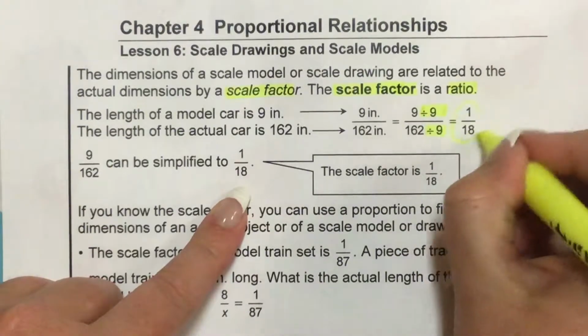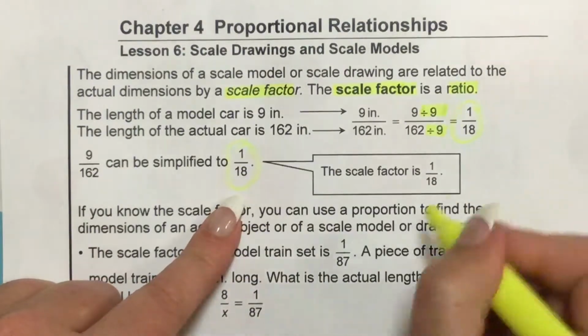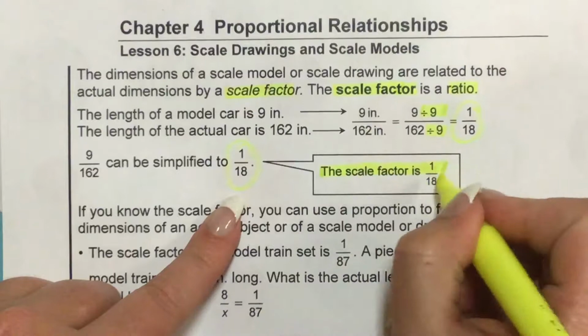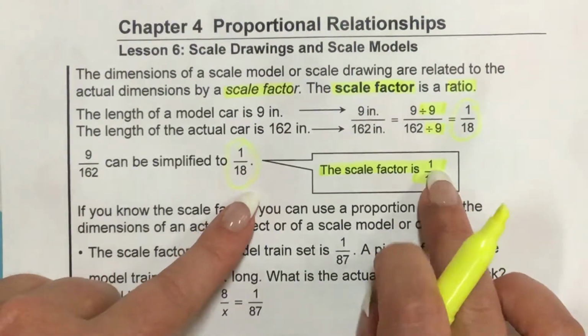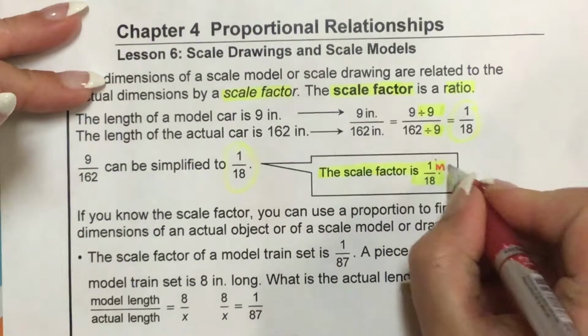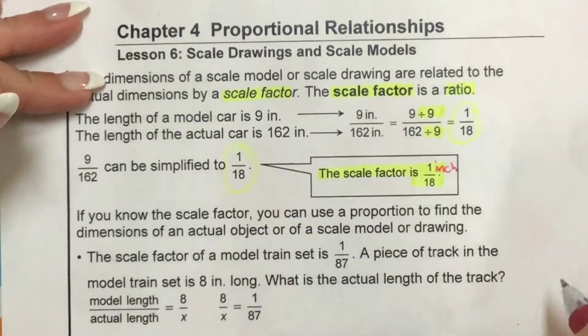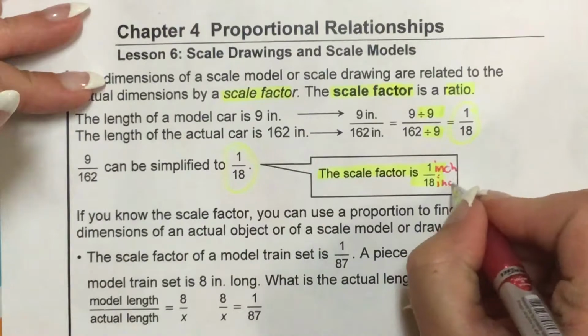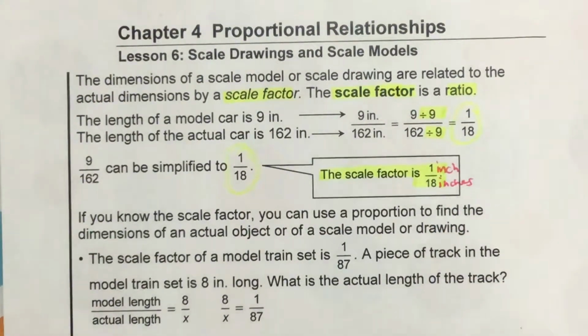And this 1/18, that is called the scale factor. That means that for every inch of the model car, the actual car is 18 inches. So that's the scale factor.